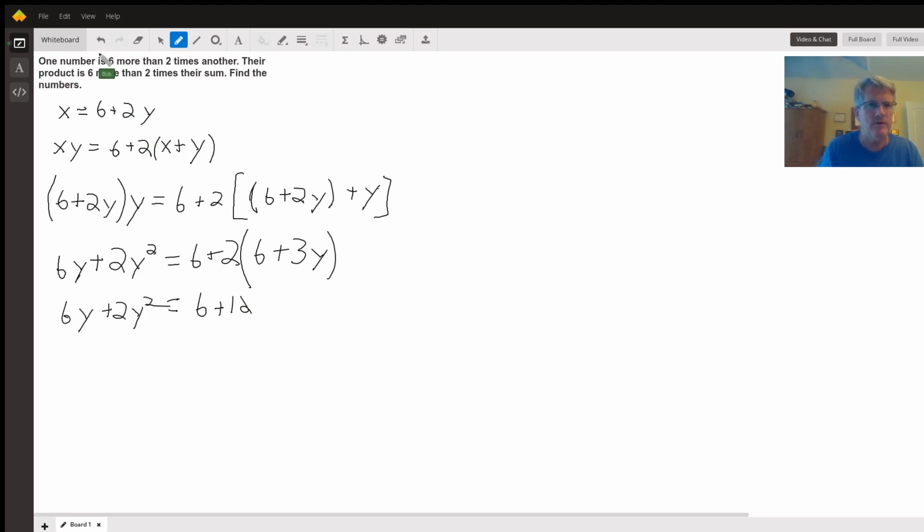That's supposed to be a 12. I think my computer doesn't like it when I move too fast. Plus 6y. And that's why I didn't want to factor that 6y out. So we have a 6y here, we have a 6y here, we can cancel them out.